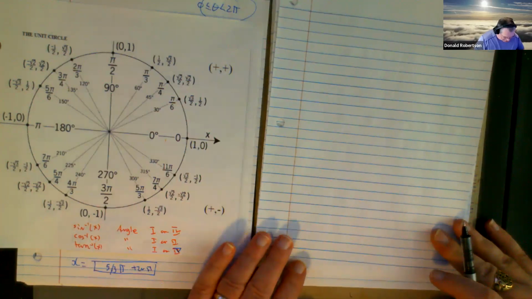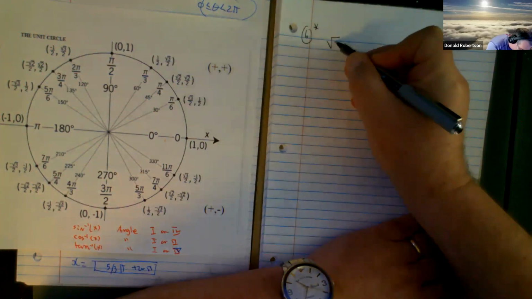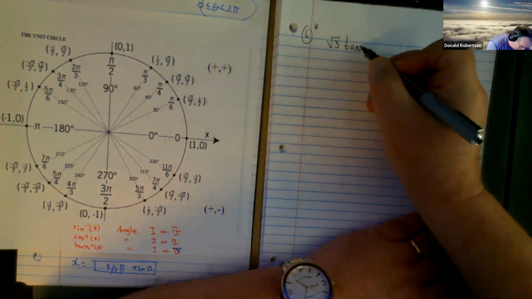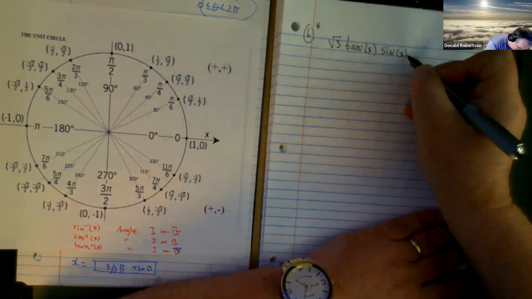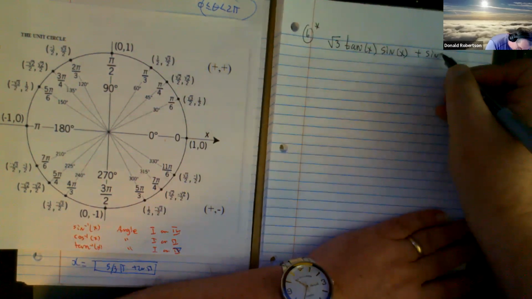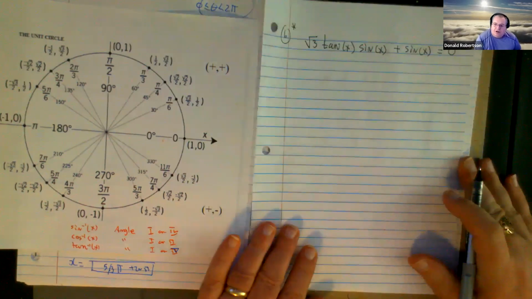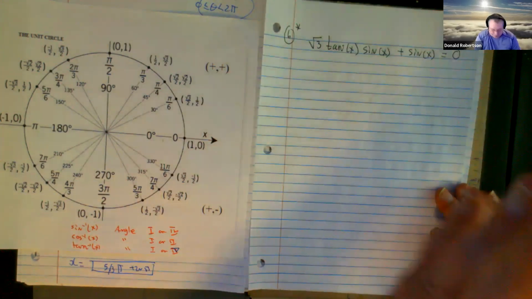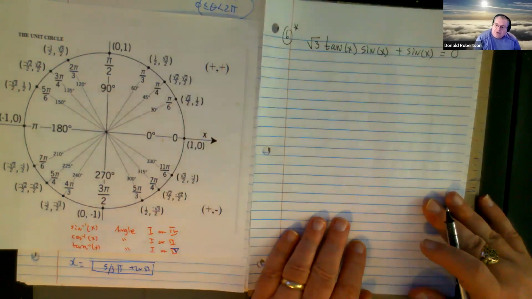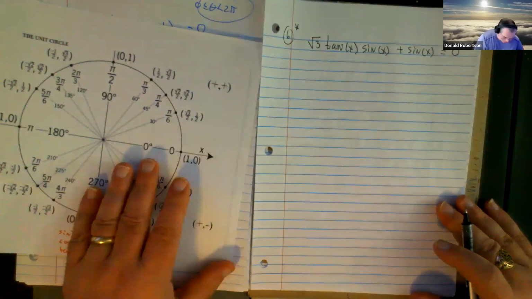Right, we haven't done any quite like question 6 now. Square root of 3, the tangent of x, times the sine of x, plus the sine of x equals 0. Now, when you get questions that have multiple terms with sines, cosines, or tans, anything that looks like that, you're going to have to do a bit of algebra before you start thinking about solving.